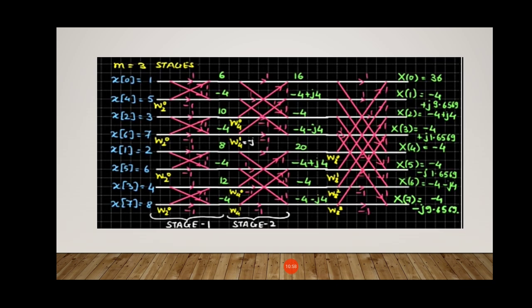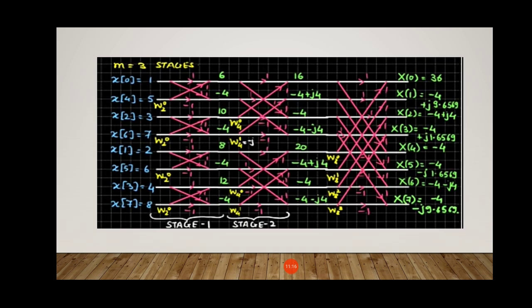So here also we have calculated all the values, and these are the final result of our DFT, capital X0, capital X1, capital X2. In this way we have got the result in sequence, and here is the answer.